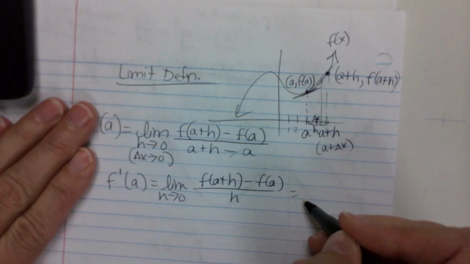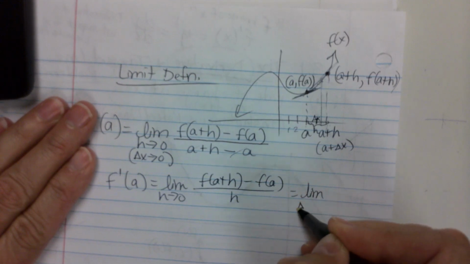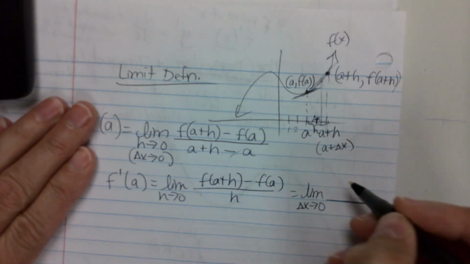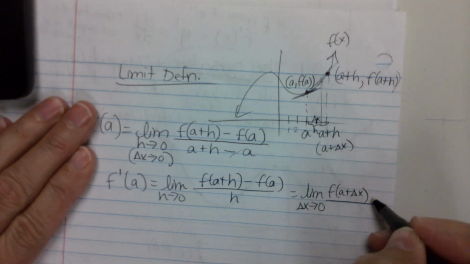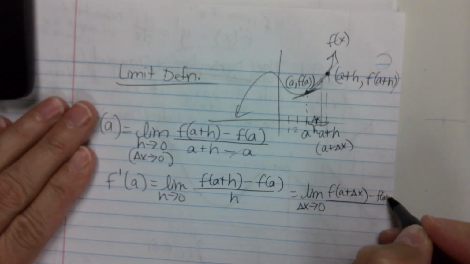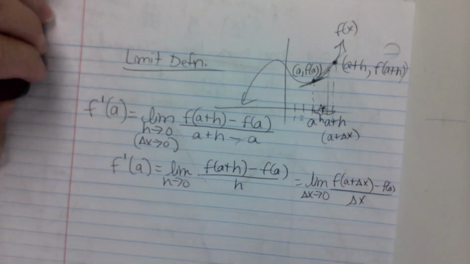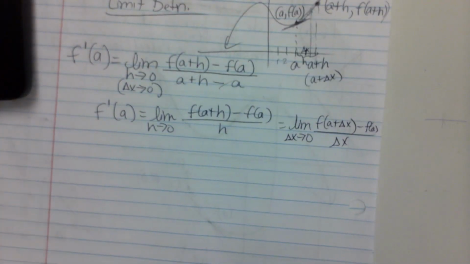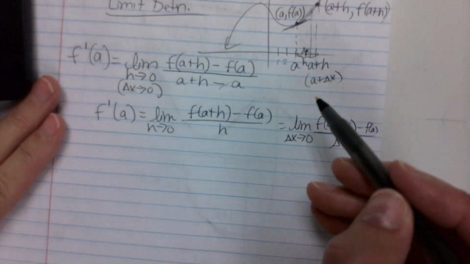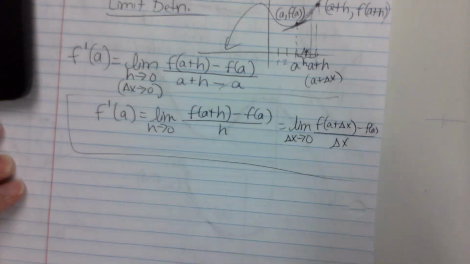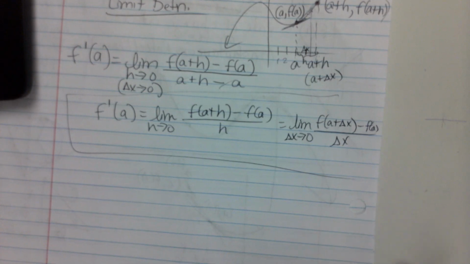Or the old school version, which you'll see sometimes on the AP exam, delta x. Same thing. So this is the actual limit definition for derivative at a specific value.